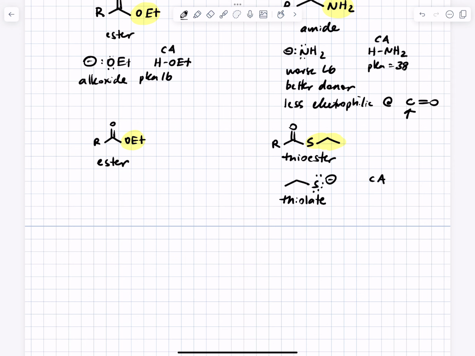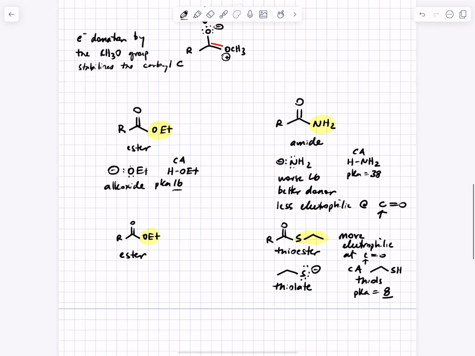Thiolates have conjugate acids that are called thiols, and if you look those up, those have a pKa of around 8. So compare that to 16, and you tell me who is more electrophilic at the carbonyl carbon, ester versus thioester. Thioester, great. So you would predict that thioesters are more electrophilic at the carbonyl carbon than are esters.